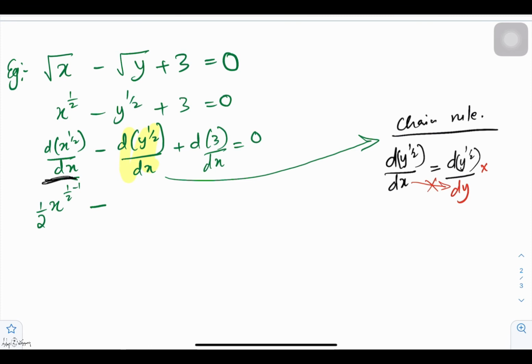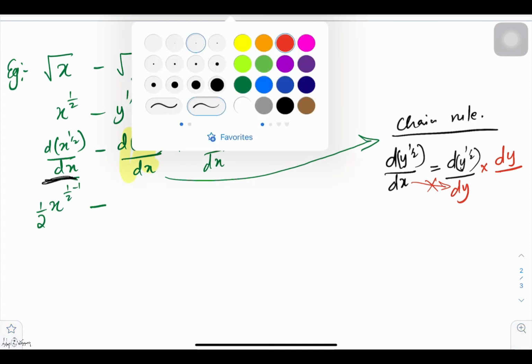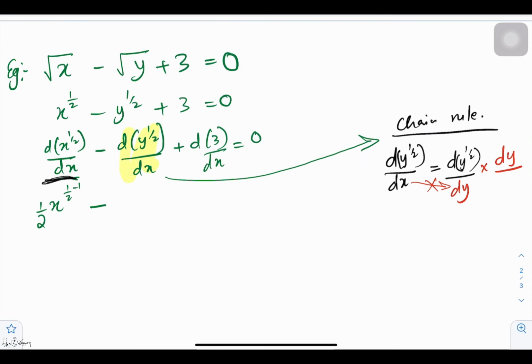It is not possible. But what I can do is, I need dy in the denominator, so I created it. Now I also need an additional term in the numerator which has dy, so that introducing dy in the denominator won't make any difference. To make it the same, you have dy in the numerator. Now the dy in the denominator and the numerator get cancelled out, which means the place for dx would be here.